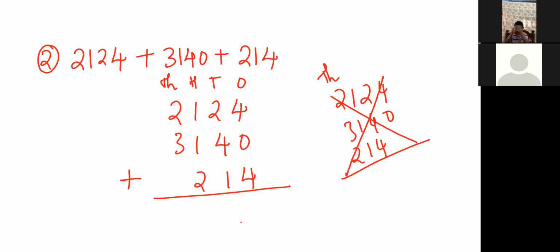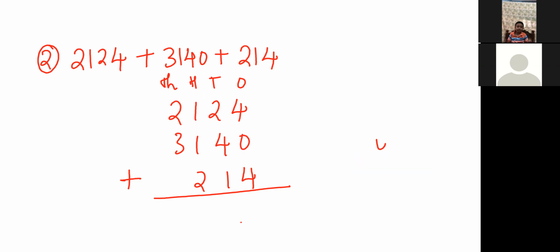Now mute yourself. Good. So let us start adding from the one's place onwards. Here, what are the numbers you have in the ones place? 4 plus 0 plus 4, right? If you add those numbers, start adding from 4 onwards. 4, keep it in the mind. 4 plus 0 is anyhow 4.